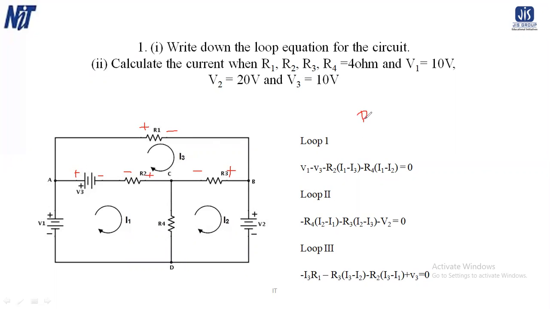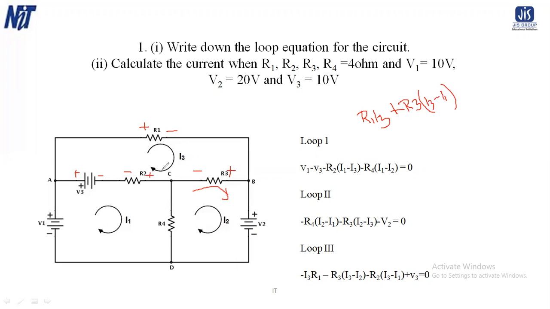R1 into I3, no problem with this. Now here it is plus minus, so plus R3 into I3 minus I1. So I3 is plus to minus, but I1 is minus to plus, opposite direction.